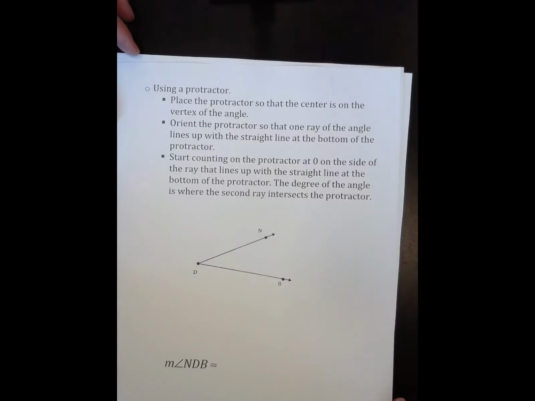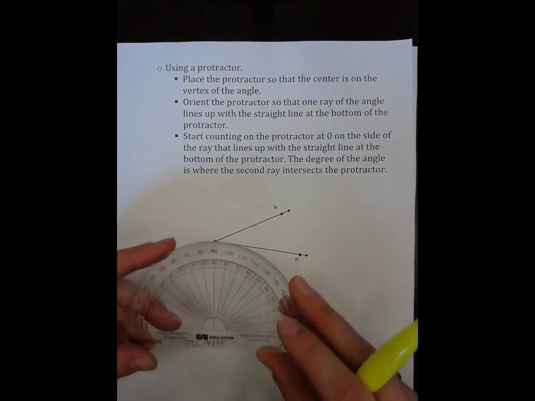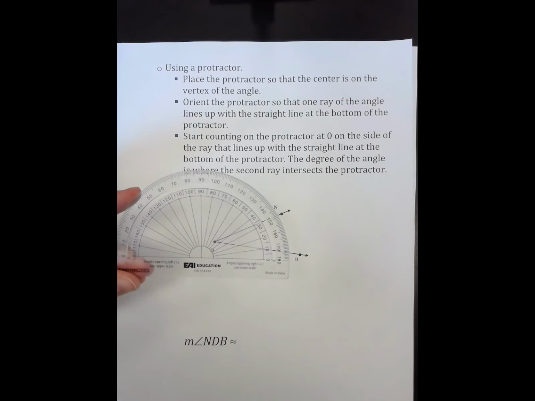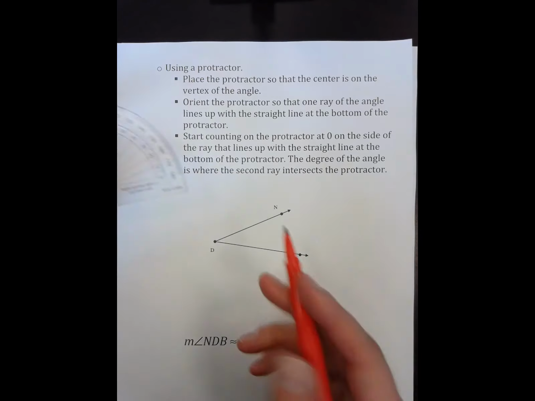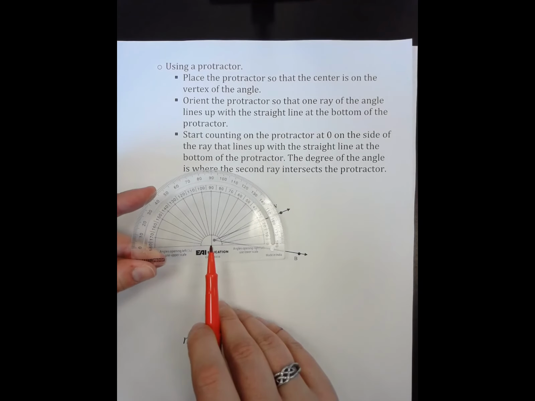The last part of these notes are actually on how to use a protractor. So you may have done this in middle school or in Math 1, but just a quick refresher if you haven't seen this before. When you're using a protractor, which is the tool we use to measure angles, you always want your vertex, so that's D, to be at the middle point on the protractor.